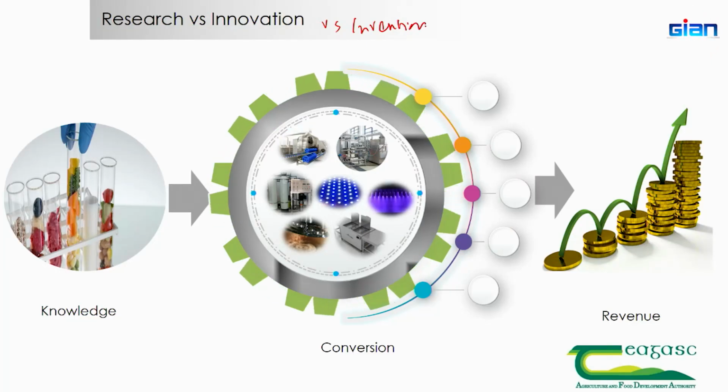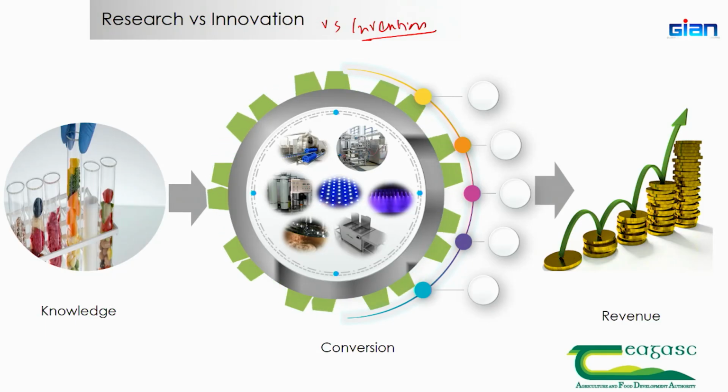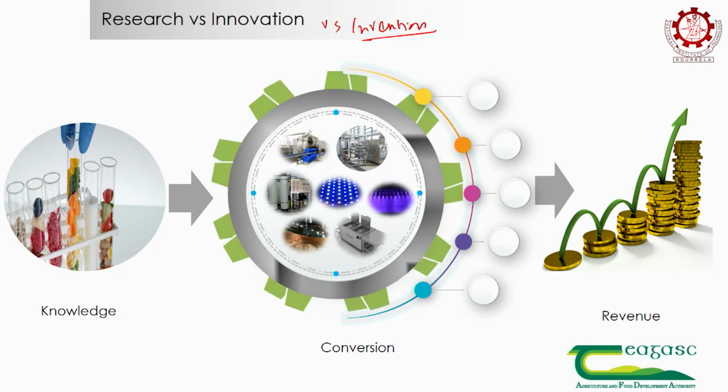So, what is the difference between research, innovation and invention? Invention is to find a new thing. You find something new, that is an invention. But innovation is slightly different.